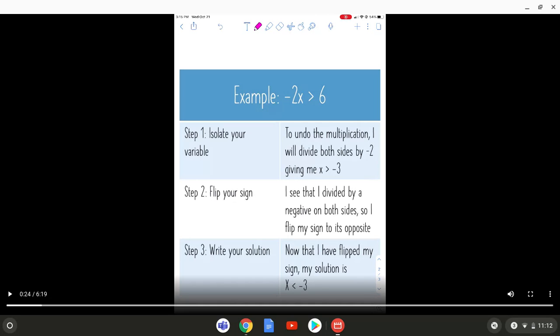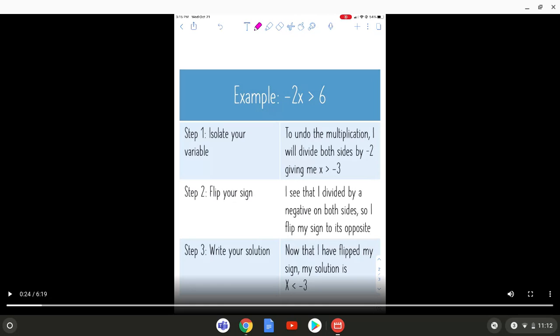Well, typically, yeah, that's where we'd stop. But since we divided by a negative, we're going to have to do what's called flipping our sign. So when you flip your sign, you're going to do this when you divide by a negative or multiply by a negative. So basically, anytime you have a negative coefficient, you are going to be doing this, okay?